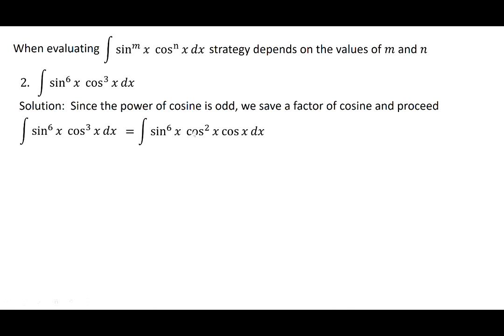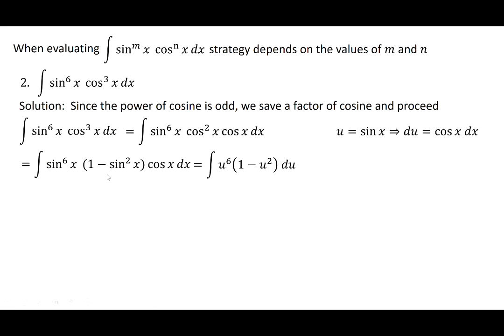Could we not write cosine square x as 1 minus sine square x? That's the idea. So you replace the cosine square x with 1 minus sine square x, and now you're ready to make all the substitutions. It simply becomes the integral of u to the 6 times 1 minus u squared du. Distribute that and integrate it, and you're done. Piece of cake.